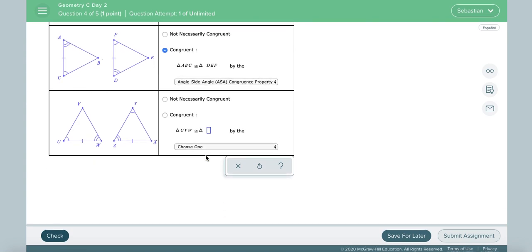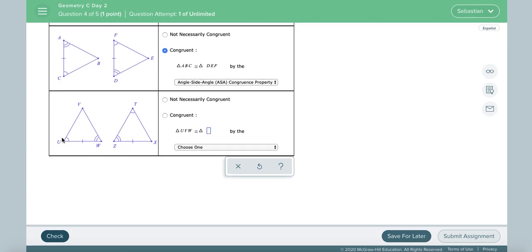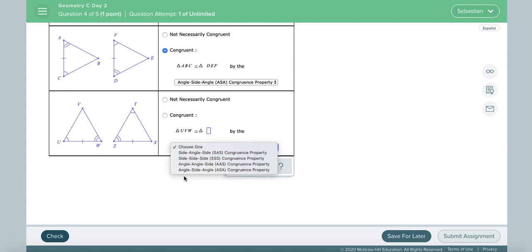Okay? Now let's look at this one right here. My example did not do it, but you're going to have some examples where they're going to throw you a curveball. They're going to try to trick you up. You cannot. This has to be groups of three. Okay, notice that these are all groups of three. There's no AS or SS or SA or AA congruence property. It's all groups of three. And remember, there is no ASS.